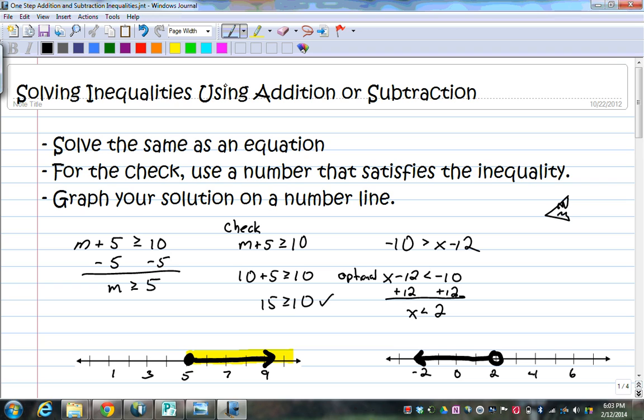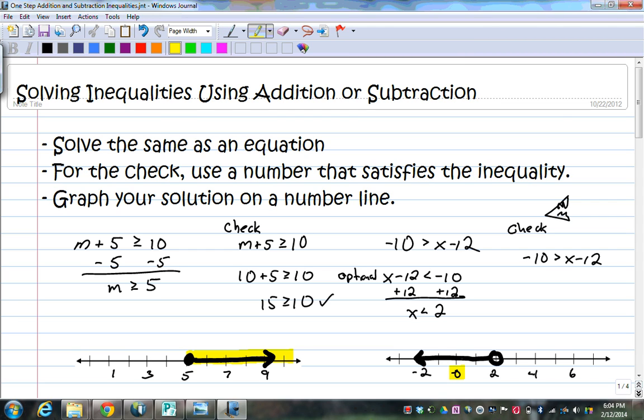For my check step, I'm going to rewrite the problem as it was given to me. So my problem was given to me like this, x minus 12. And I know I have to pick a number that's less than 2, so here I cannot use 2. In this case, anytime I can use 0, I do, and you see 0 is one of my solutions here.